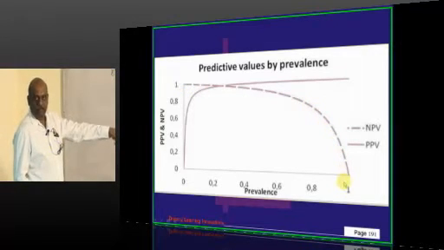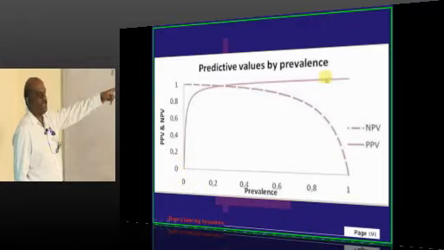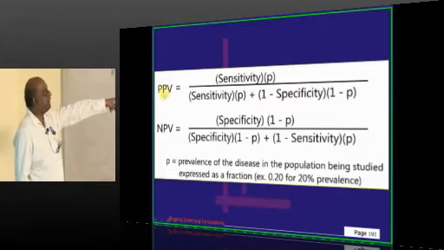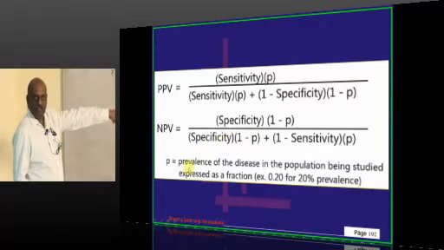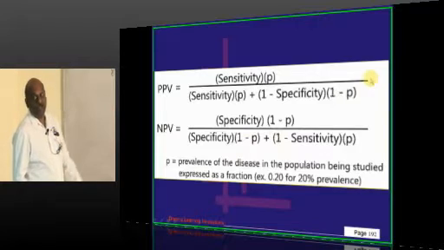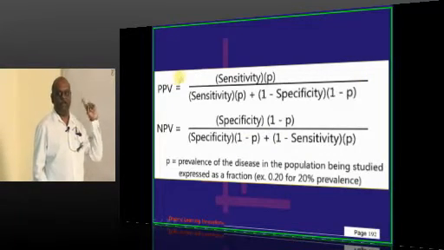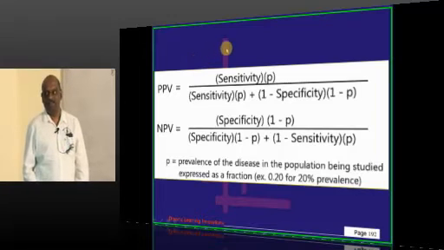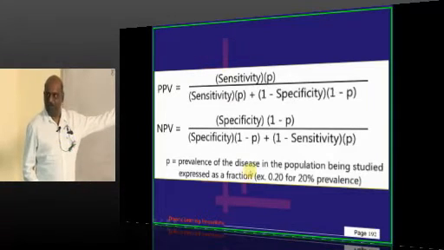It will come down and positive predictive value will increase as the prevalence keeps increasing, because there is a formula for PPV, NPV that connects it with specificity, sensitivity and prevalence. I told you many times, this is one formula based on which the examiner is going to ask questions in all our mock tests. At least now you remember.